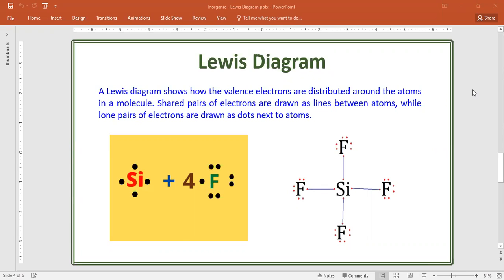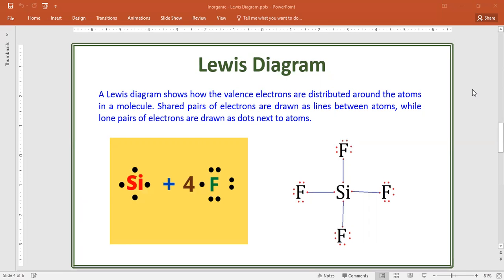Tetrafluoride means 4 fluorines. So first let us think about how many total valence electrons are involved in silicon tetrafluoride. That means how many valence electrons does silicon have, and how many valence electrons does each fluorine have.